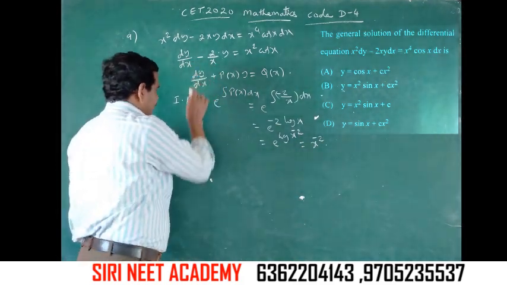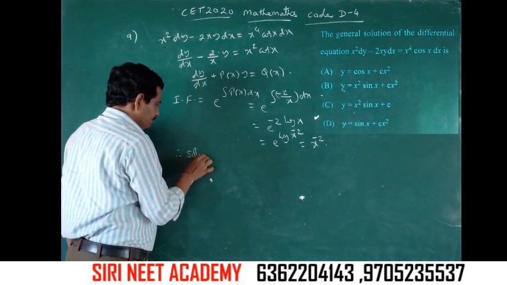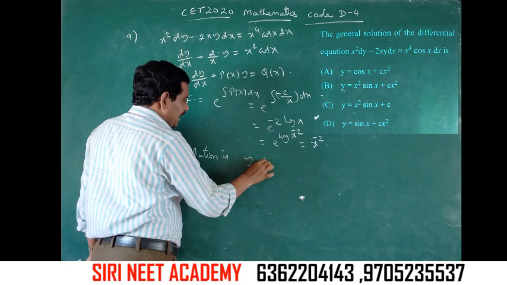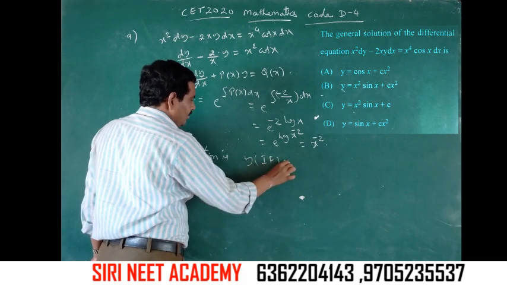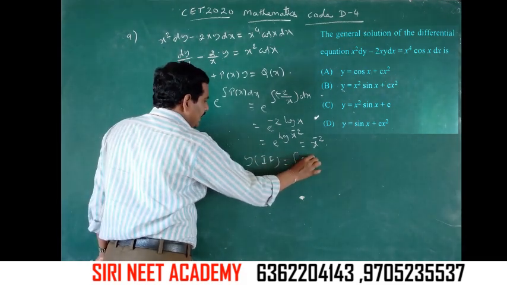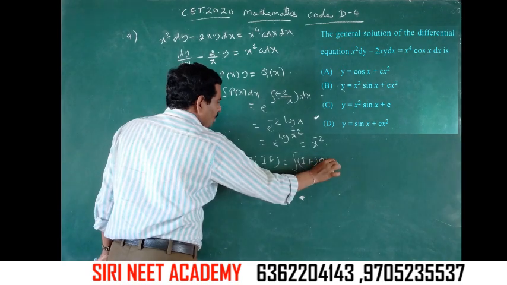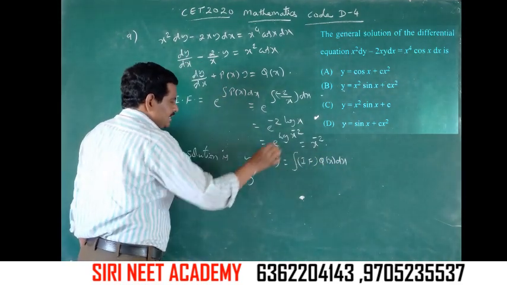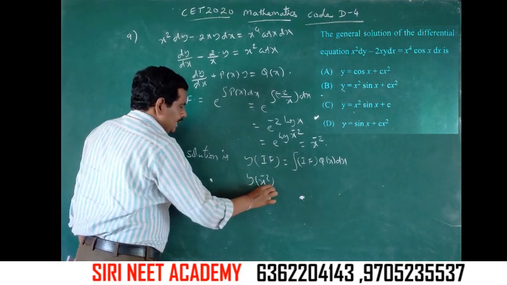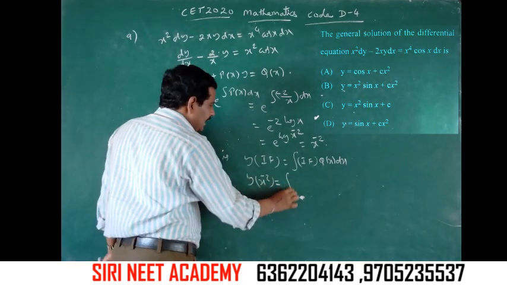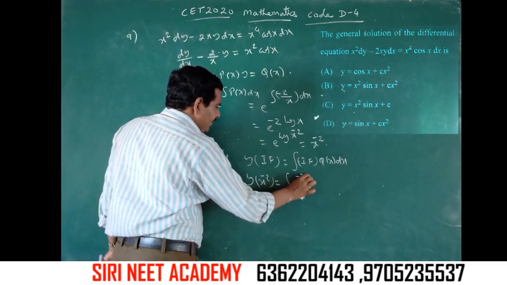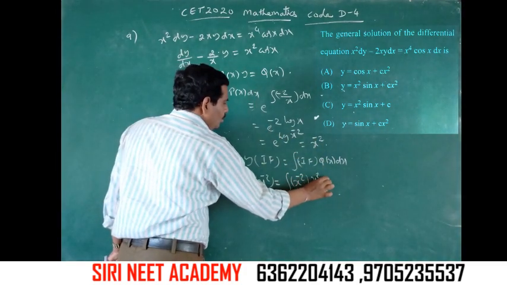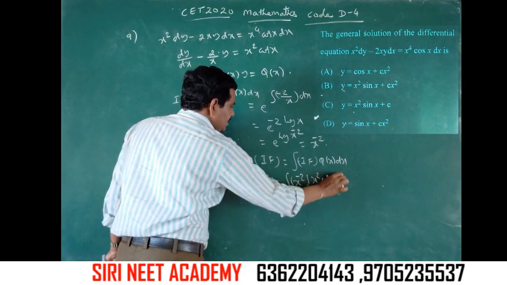Now its solution. Y into integrating factor is equal to integration of integrating factor into q of x dx. So y into x power minus 2 is equal to integral of x power minus 2 times q of x, which is x square into cos x dx.